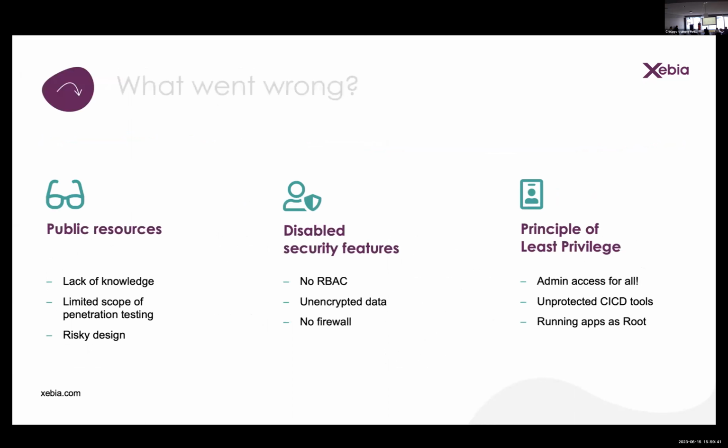What went wrong here? First of all, a public Kubernetes control plane. Why? In this case, it was just a mistake, because they didn't know which subnet to use, so they decided to use the first one, and it was the public subnet. I also asked them why they didn't add this to the asset list for pen testing.